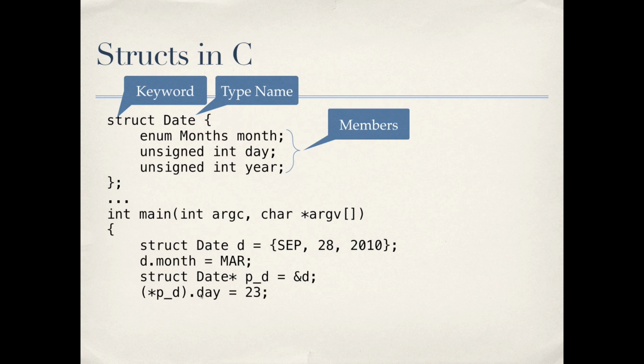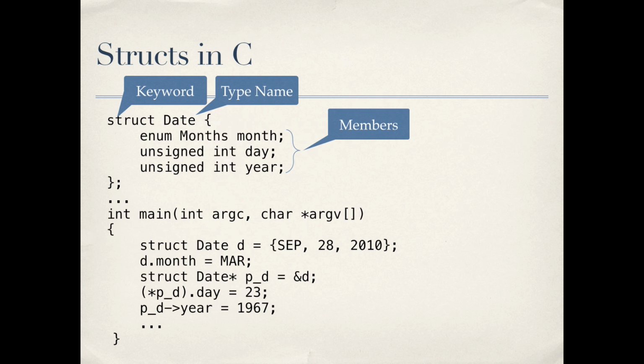Now we take the member day out of this and assign it the value 23. This would mean that d now has March 23, 2010. Because p_d points to the address where d resides, we can change the value of d using p_d.